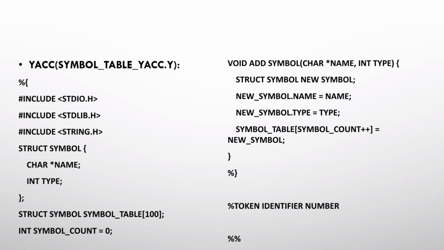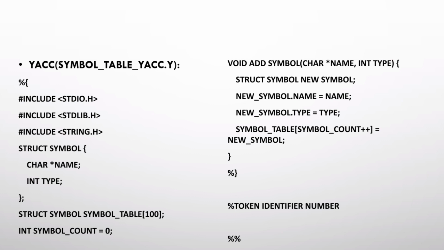The first one is the definition part, the second one is the rules part and the third one is the auxiliary routine. The definition part includes the token numbers or token IDs. YACC automatically assigns a number for each token, but it can be overridden by another token.